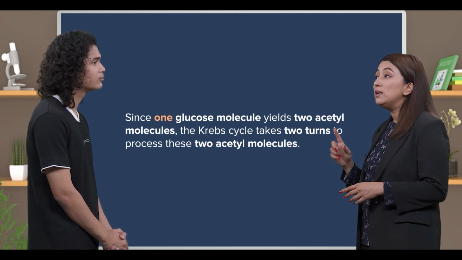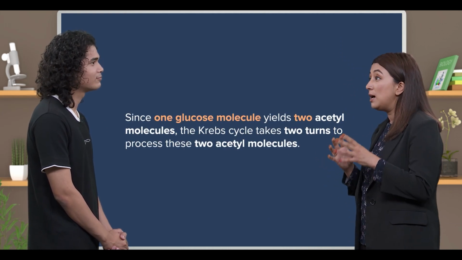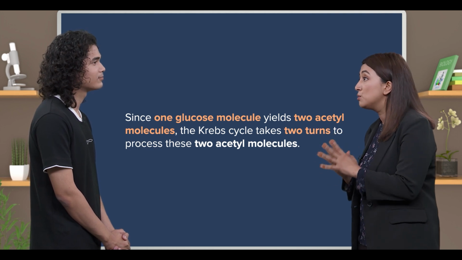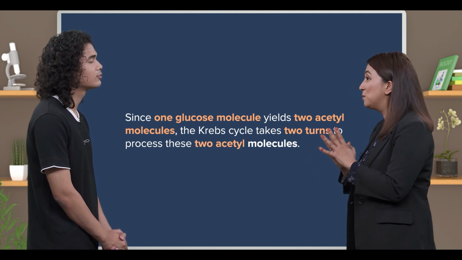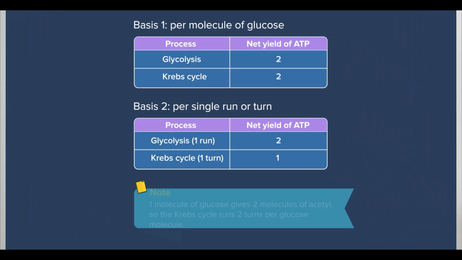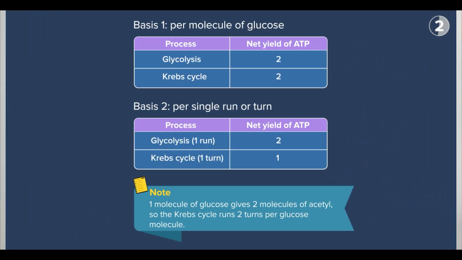However, since one glucose molecule yields 2 acetyl molecules, the Krebs cycle takes 2 turns to process these 2 acetyl molecules. So have a glance at this. Ah, I get it now.